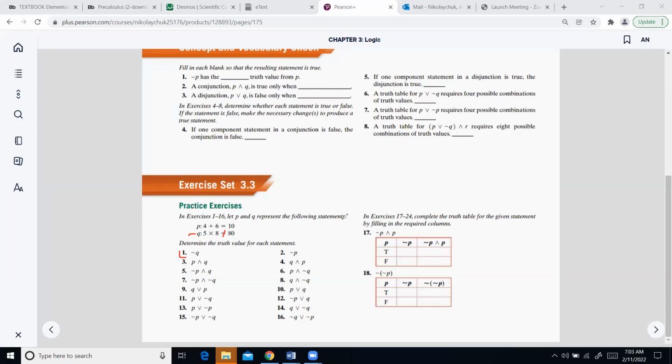Well, then the question is, is that right or not? Is the product 5 by 8 equal to 40 going to be not the same as 80? And the answer is yes, 40 is not the same as 80, so it is definitely a true statement.